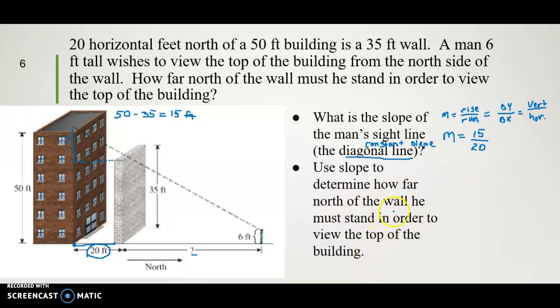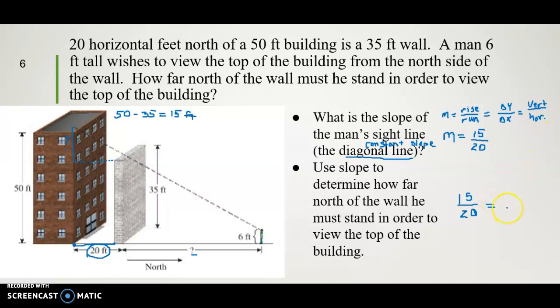And so this is where I have to bring in this idea that slope is going to remain constant. That ratio will not change. So 15 over 20 is my slope. And I am asked to figure out this horizontal distance, how far from the wall. And when I look up here about what I know about slope, horizontal distance is on the bottom.